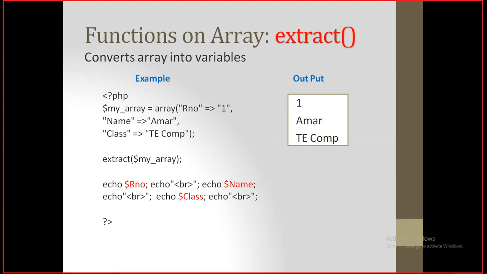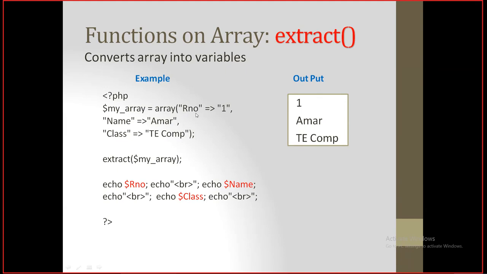Next, the extract function. So why do we use the extract function? Whenever we have an array and we want to form individual variables from that array, we can use the extract function.